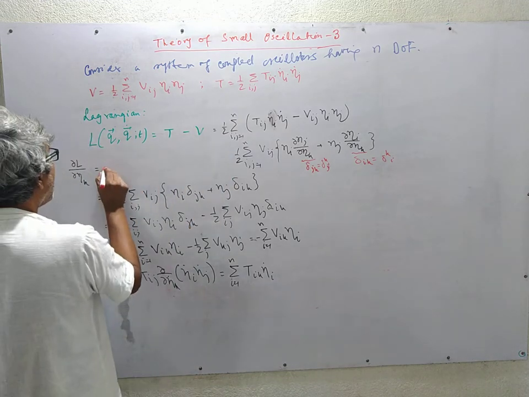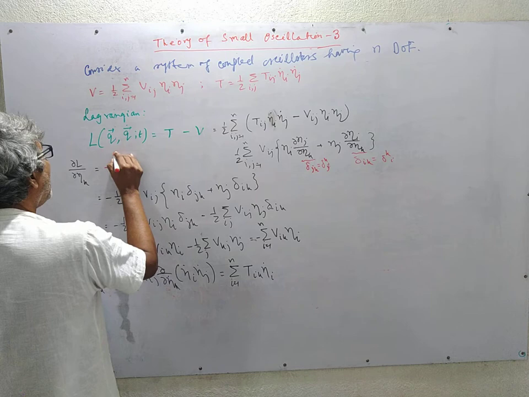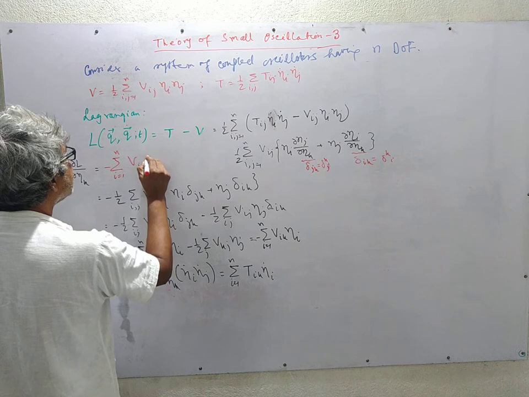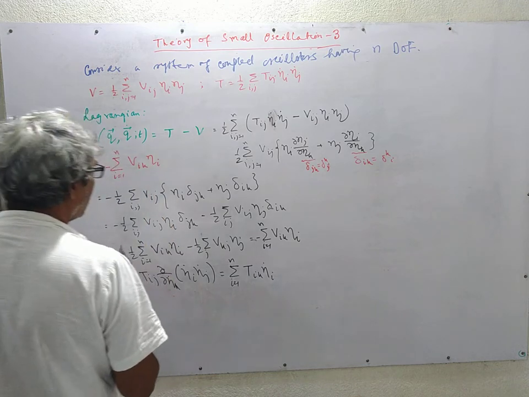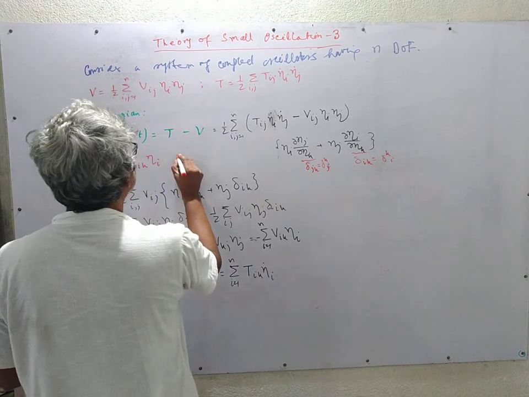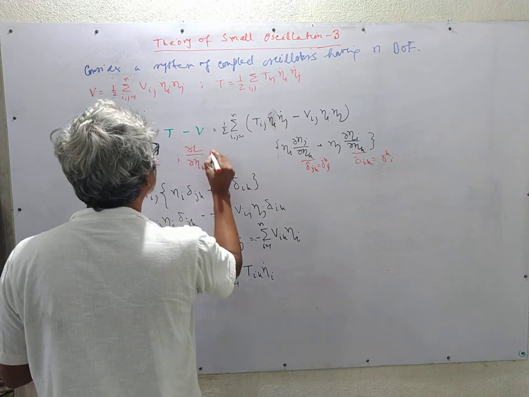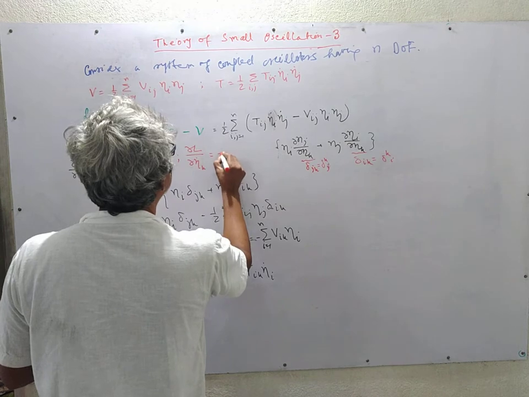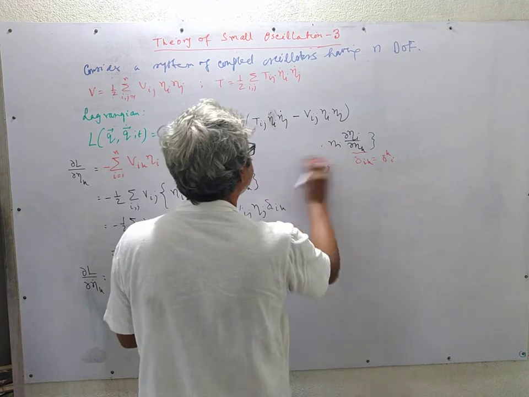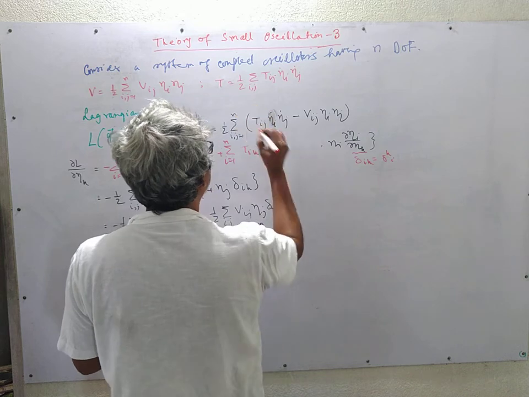So this is minus summation over i equal to 1 to n V_ik η_i, whichever we write, and for the dots we write ∂L/∂η_k dot, plus summation over i equal to 1 to n T_ik η_i dot.